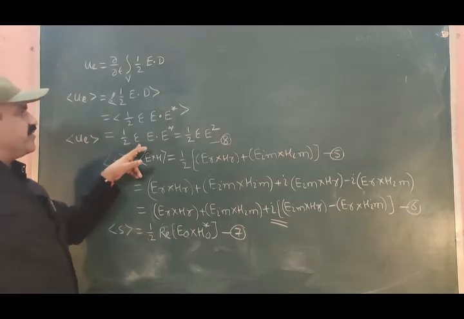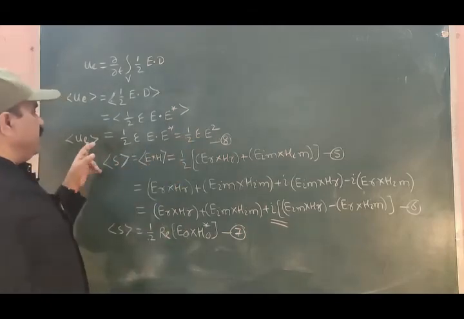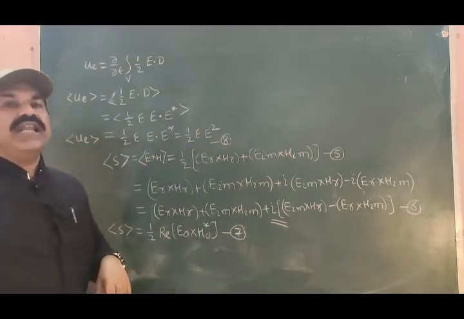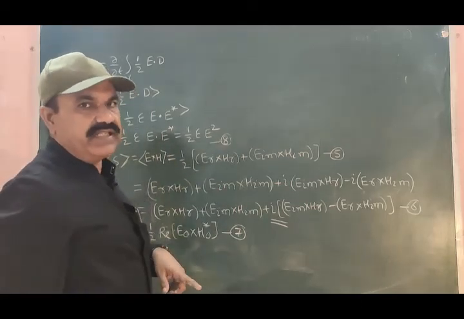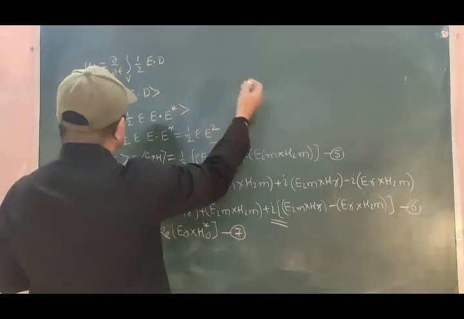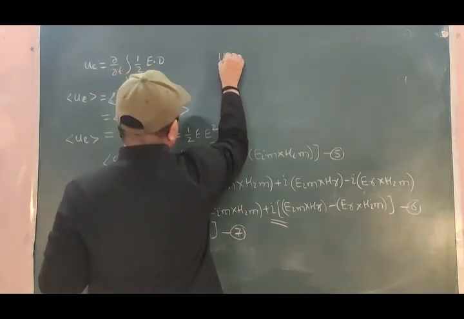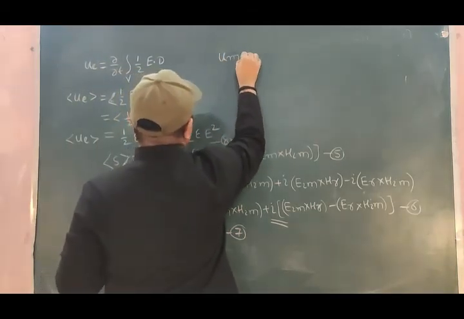So for this you may use this one or this one. It will be the time average value of the electrostatic energy stored in the electromagnetic field. Similarly, we may put the equation for the magnetic energy.